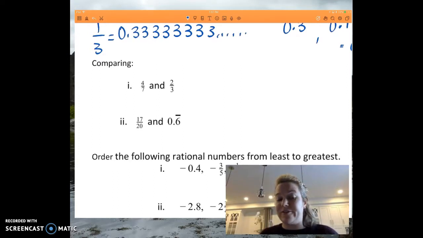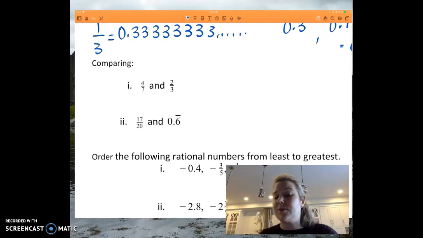We can use equivalent fractions. I think the lowest common multiple here is 21. So we could put them both over 21 and you get 14 over 21 for 2 over 3 and 12 over 21 for 4 over 7. So 2 over 3 would be larger.